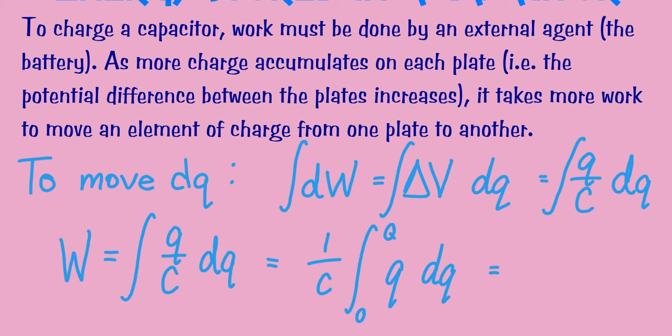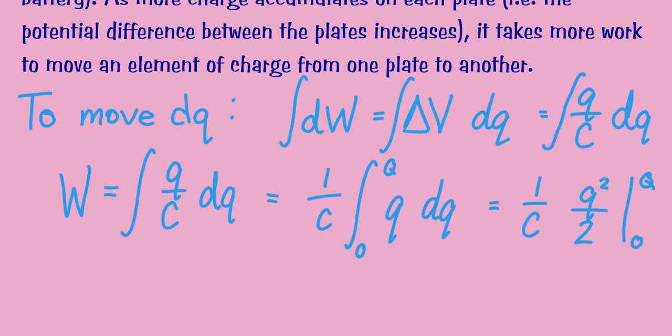And knowing what I know about taking integrals, the integral of Q dq would be Q squared over 2. I evaluate that between 0 and Q, and I could find that my expression for the work that's done to be equal to Q squared over 2C. Now we know work is the same thing as a change in energy.